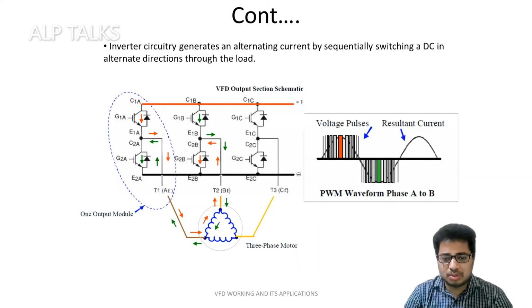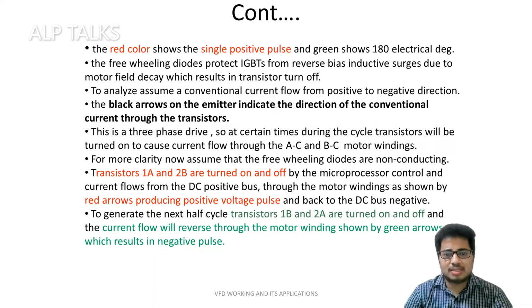So let's come to more details here. The red color shows the single positive pulse and the green shows 180 electrical degrees.